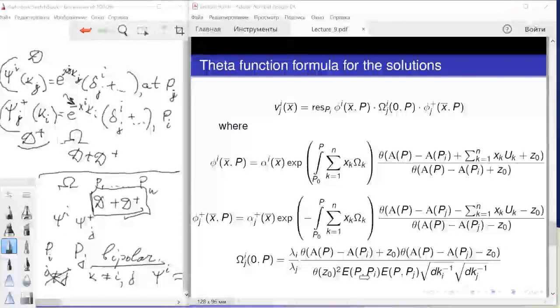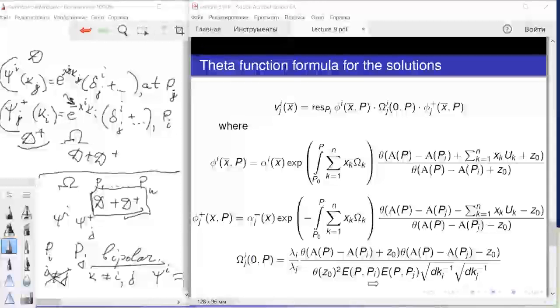It has a simple zero. So this is the factor which is the reason for the appearance of a pole in this product. And in order to calculate the residue, we just have to drop out this factor and let p be equal to pi in the remainder.